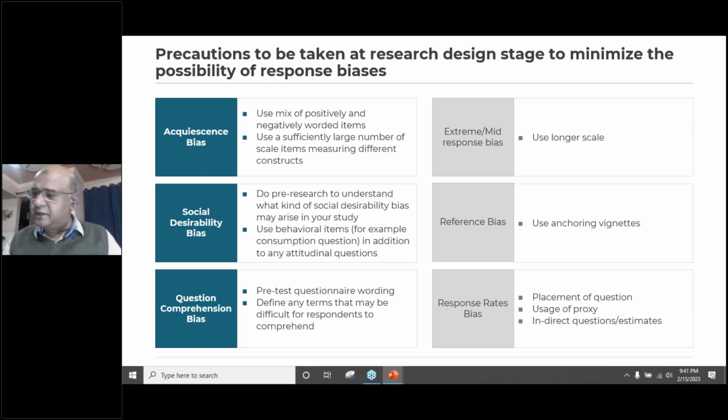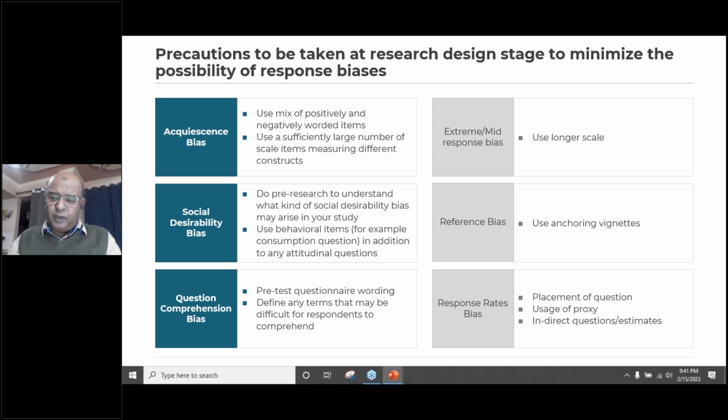But if we have a set of related questions, all of them, for example, measuring health consciousness or sensitivity to ESG, then if we have 5 items measuring ESG, we can use a single set of anchoring vignettes to carry out the analysis.